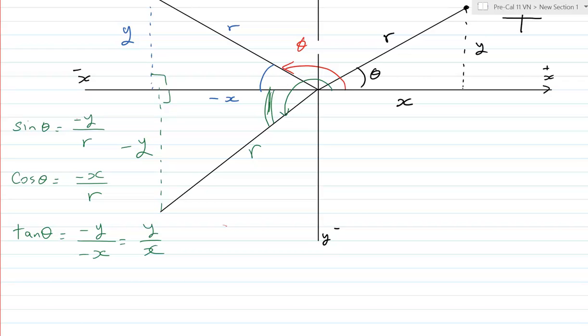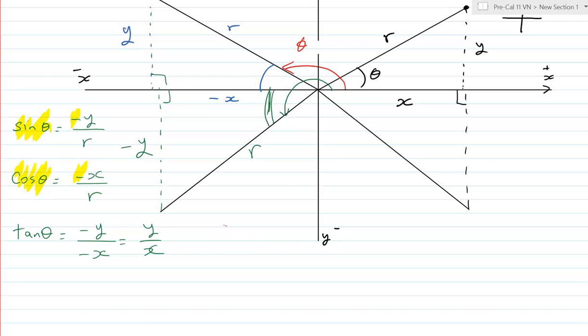Notice that the sine and cosine ratios will be negative. Right there, that's negative, and cosine is also negative. So these two are negative in quadrant 3.